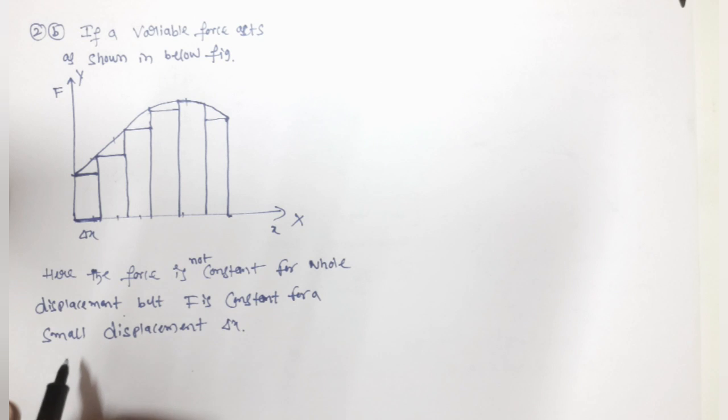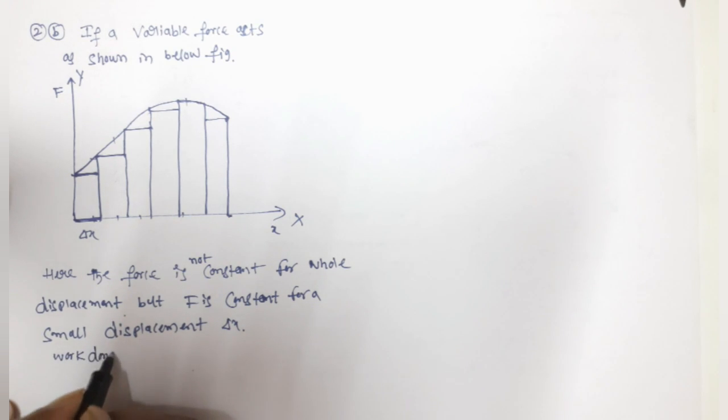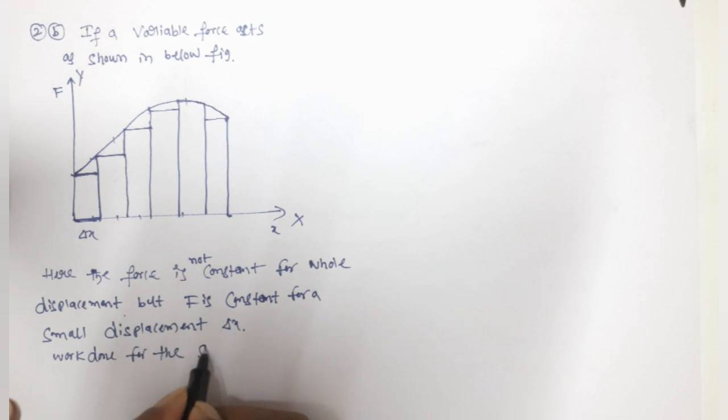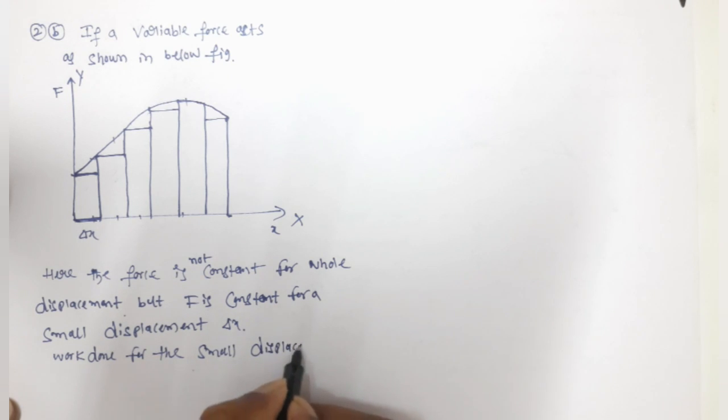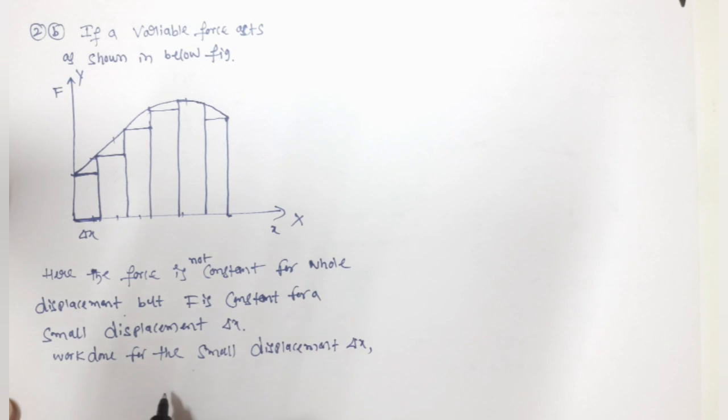So we calculate like this: work done for the small displacement delta x. We call that small work done delta W. So small force, force into that small displacement.